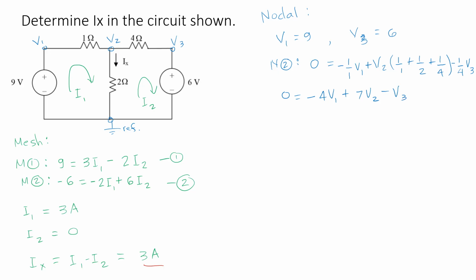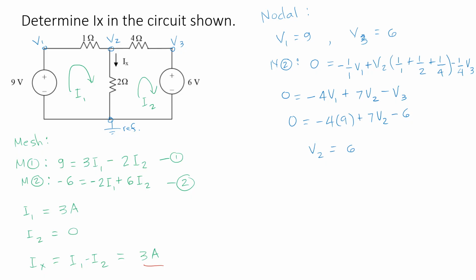Then we substitute the values of V1 and V3, and that will allow us to solve for V2. So V2 would be equal to 6 volts.